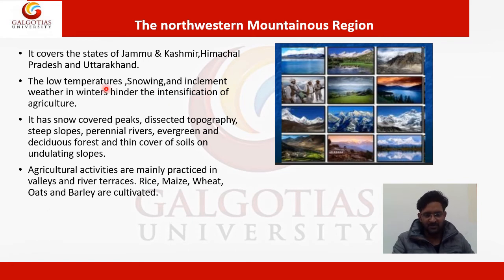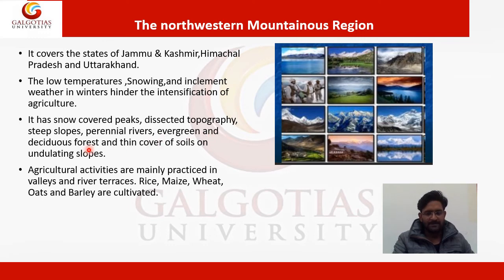The low temperature, snowing and inclement weather in winters hinder the intensification of agriculture. Okay, it has snow-covered peaks, dissected topography, steep slopes, perennial rivers, evergreen and deciduous forest, and a thin cover of soil on undulating slopes.